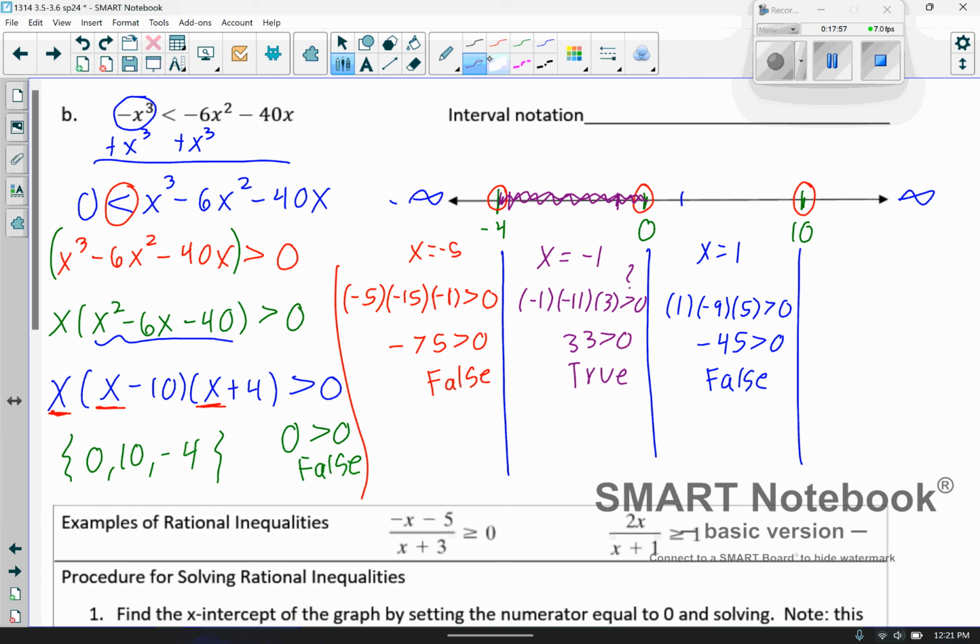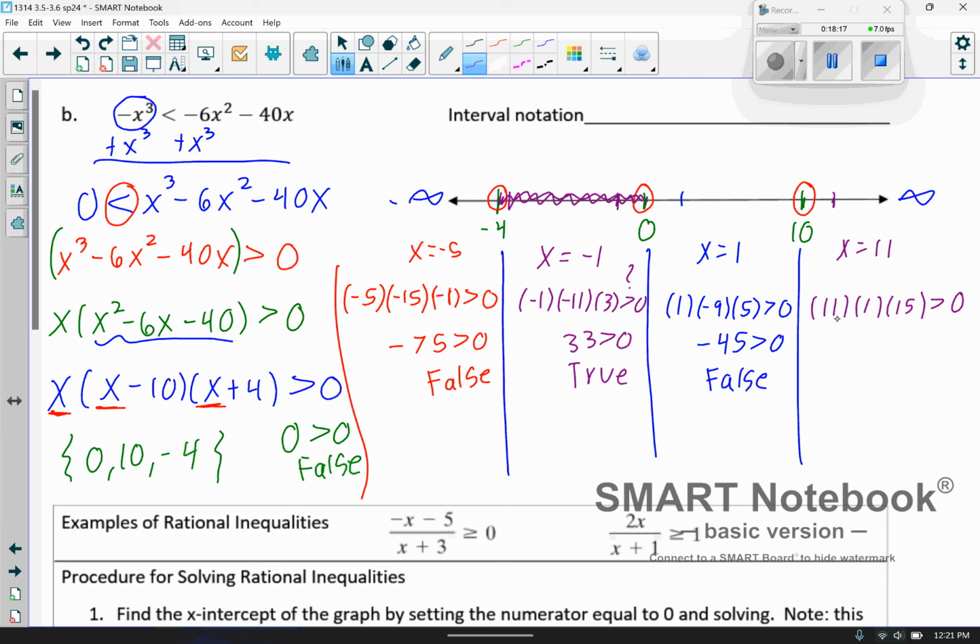Then we've got one more we need to try. Let's go ahead and try if x were 11. The first factor would be 11, then 11 minus 10 is 1, and then 11 plus 4 is 15. Is that greater than 0?